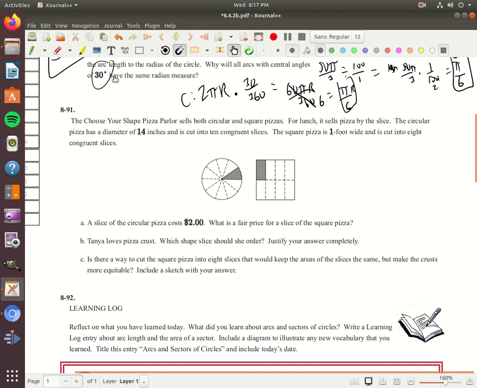All right, moving along here. We're on 891. So we are going to have Choose Your Shape. Pizza Parlor sells both circular and square pizzas for lunch. It sells pizza by the slice. The circular has a diameter of 14, so again it has a radius of 7, and is cut into 10 congruent slices. The square, I'm going to go back here real quick. I'm at 890, I'm sorry.